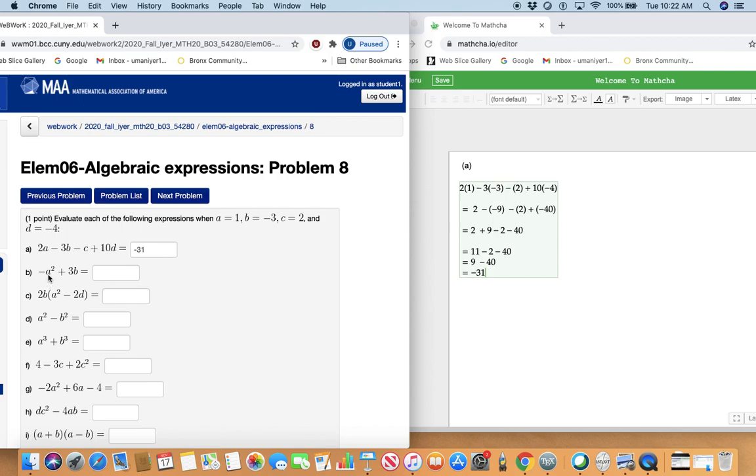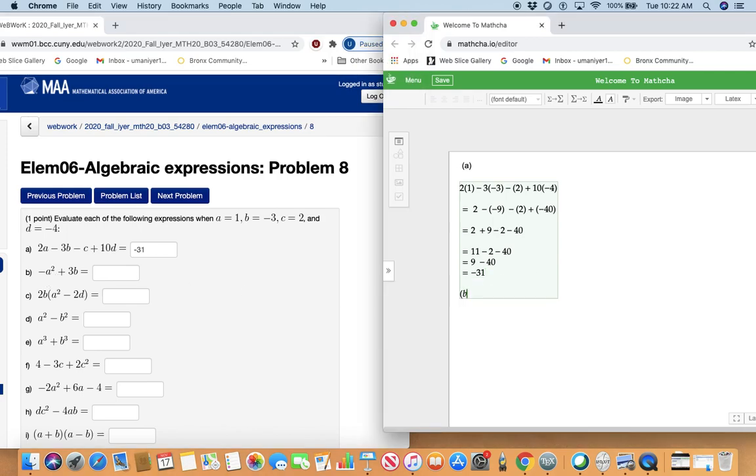Next, negative a squared plus 3b. Negative variable squared plus 3 variable. First create parentheses wherever you see a variable. Now plug in the values.